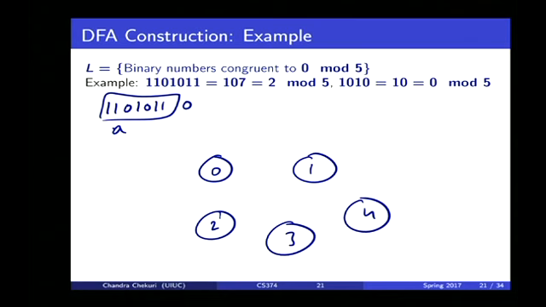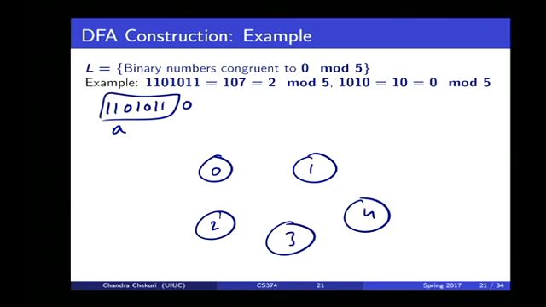2A, right? So I don't know A, but I know A mod 5. But now what do I want to compute? I want to compute 2A mod 5. If I know A mod 5, can I compute 2A mod 5? You don't need to know A, right?